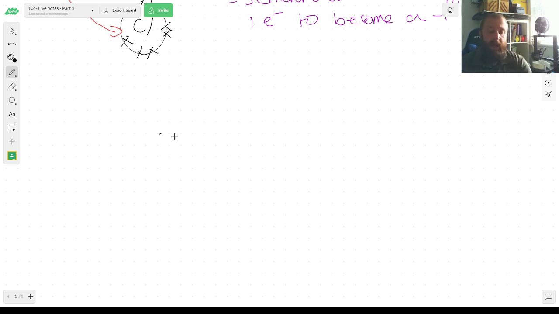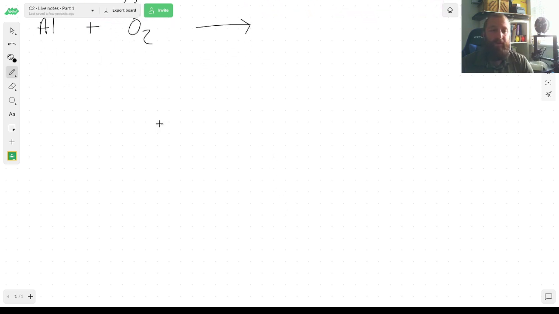So let's just have a look at what this would look like. So I'm going to go with aluminium and oxygen. Now, I'm not going to do the final molecule for the minute because we're going to work this out by drawing these in. So, start in exactly the same way.